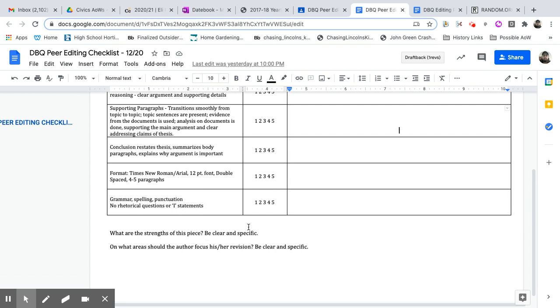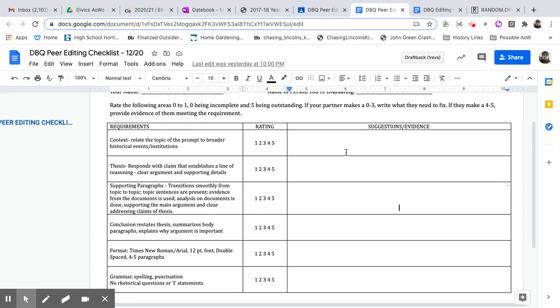So shouldn't see that either. Then at the end, come down here, tell me what the strengths of the piece are, be clear and specific. And then where should they focus on their revision, be clear and specific. For all of this stuff, when you're doing suggestions and evidence, you're not just saying, they got a 5, good job.